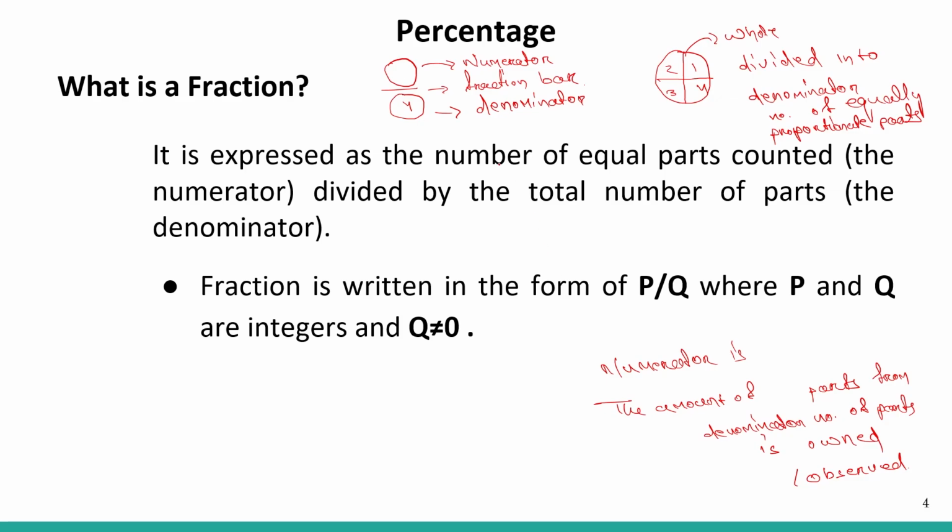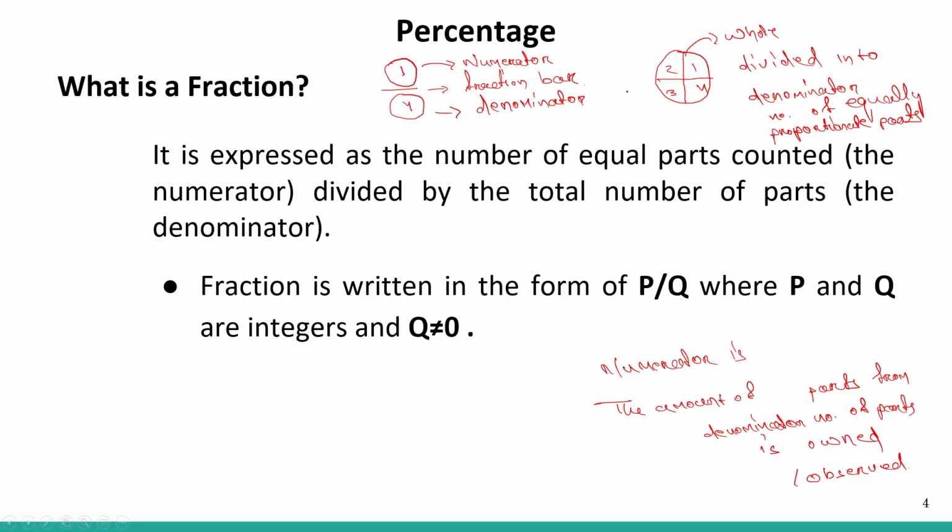So if you have 1 by 4, you have a whole and you divide it into 4 parts: first part, second part, third part, fourth part, and the point to be noted is all the parts are equally proportionate. The numerator represents the amount of parts that you have owned or observed. So you are observing only one part, any one part, and it can be any one of these 4.